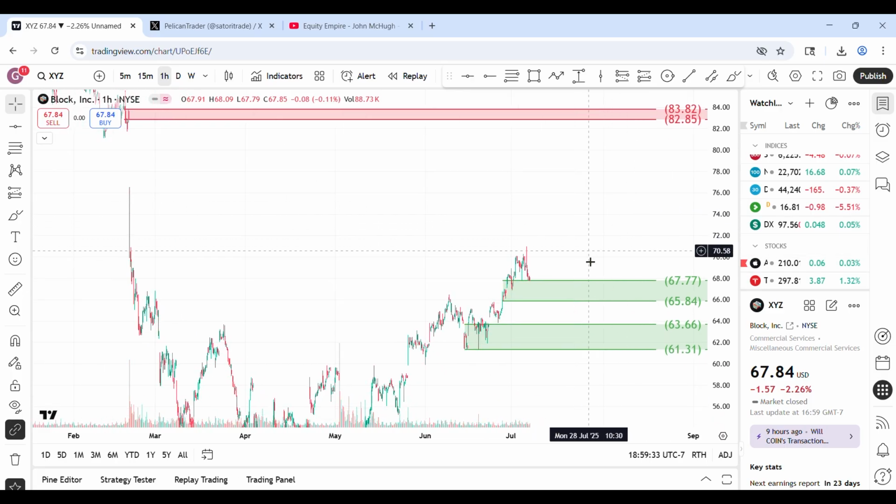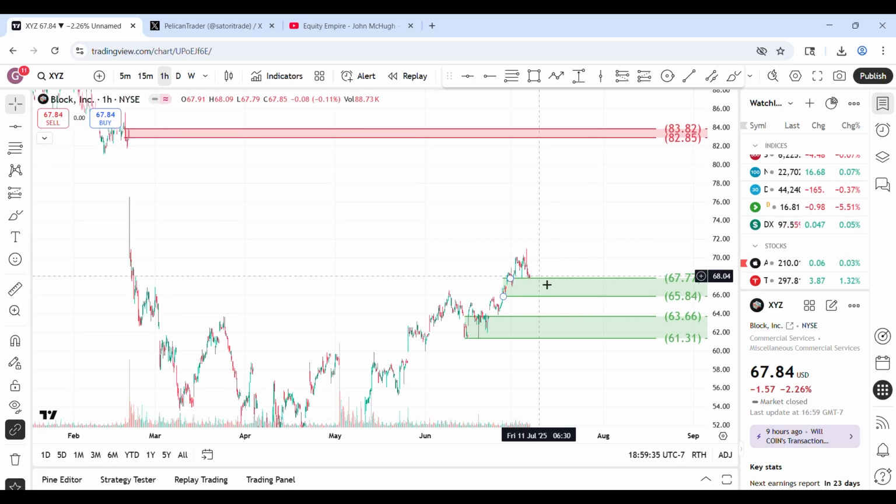Two support levels to consider for a bounce trade. If you want to get really aggressive, you could have a buy limit order at 67.77. That'll get you filled on your entry somewhere below 67.77, or you could wait for price to pull back somewhere into the zone, so you could put a buy limit order anywhere in the support level, or if price were trading in between the upper and lower boundaries of that level, you could always place a market order at any time if you so desired.